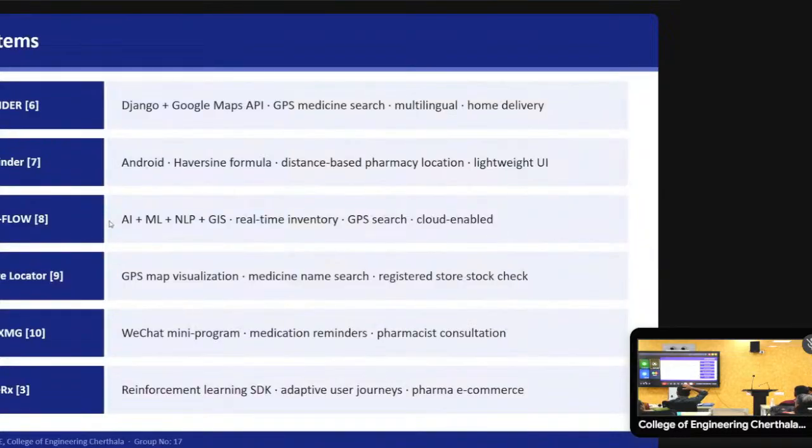This was the existing system. Here we analyze existing system applications like MedFinder, FarmFinder, PharmaFlow, and others. Each system solves one specific problem, either location tracking, reminders, or AI recommendation.